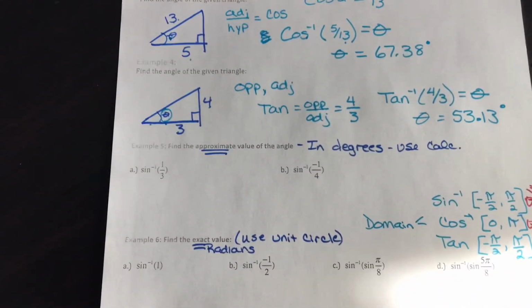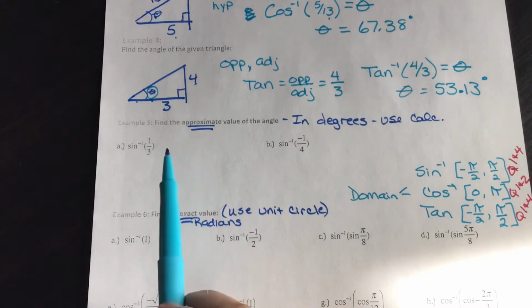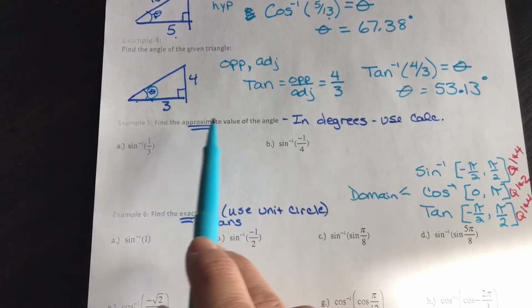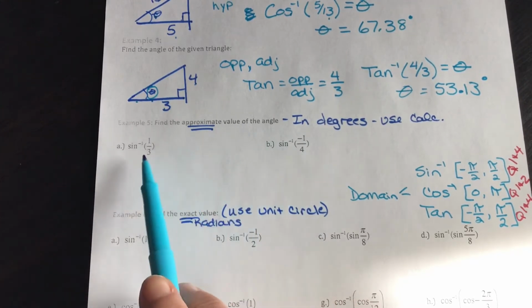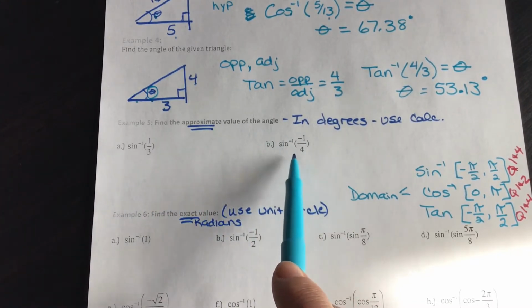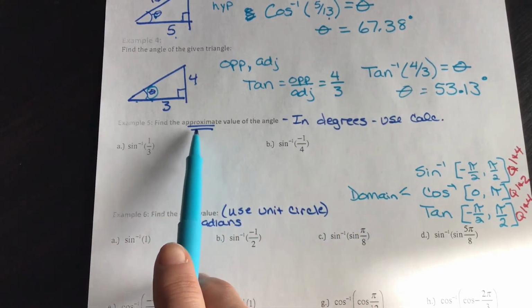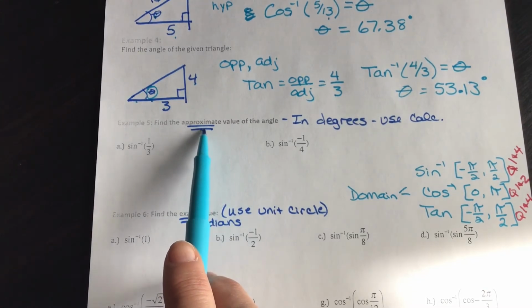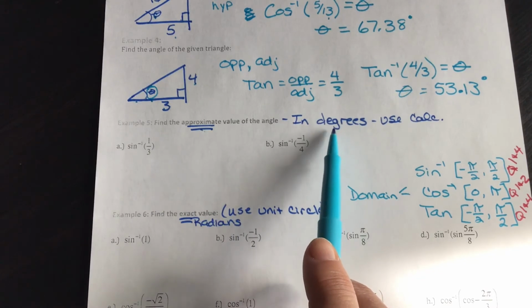Okay, so in example 5, it's asking us to find the approximate value of the angle, and it doesn't tell us here how they want us to measure the angle. Because we're using our calculator here, we're going to measure this in degrees. When it says approximate, that's basically when we're using our calculator. So if we're using our calculator, let's measure in degrees unless they tell us otherwise.